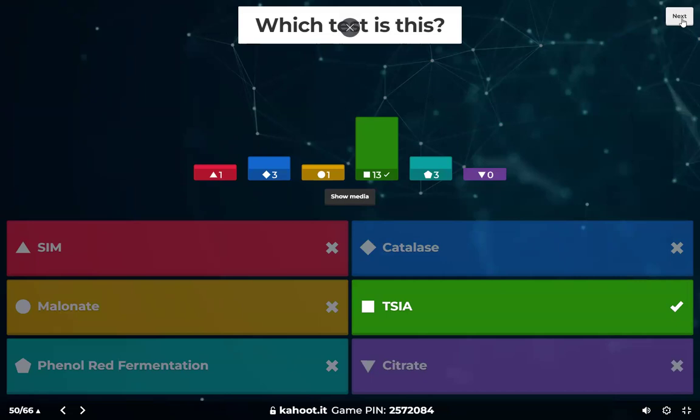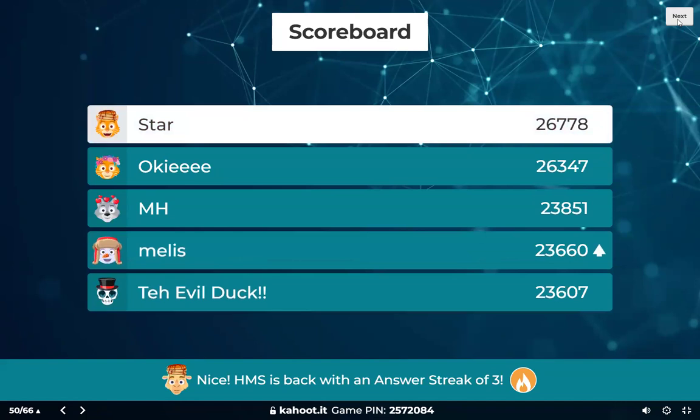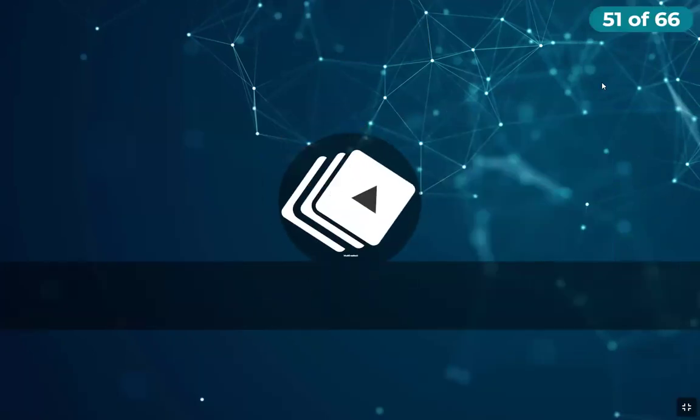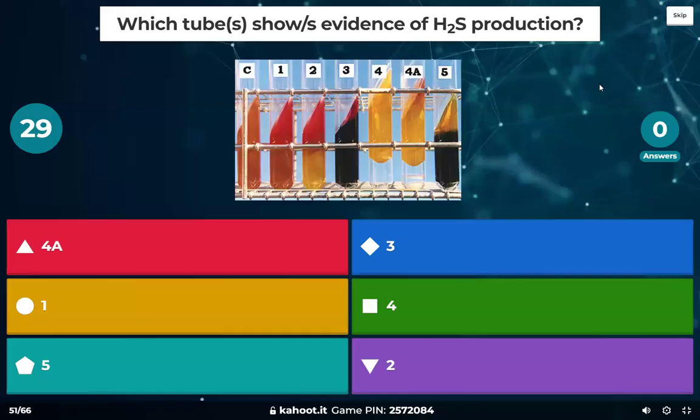All right, so this is TSIA, triple sugar iron assay. All right, which of those tubes shows evidence of H2S production, dihydrogen sulfide?